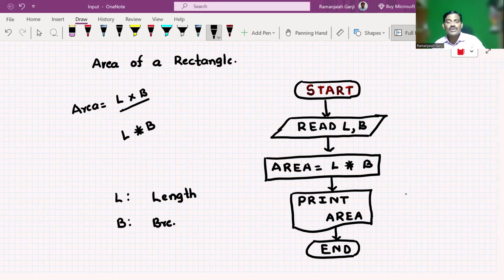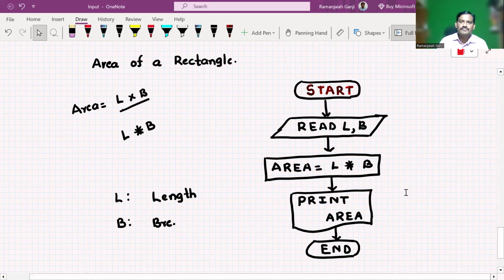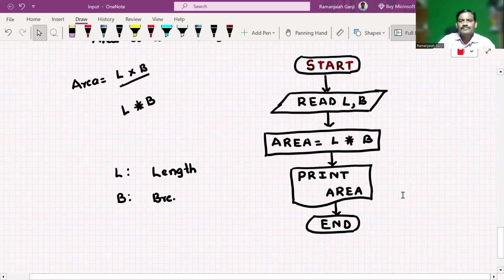No, there is no need to write anything for area. For example, you may utilize A instead of area, but people may not know what A means. That's why you may write A as area. Okay, this is a flowchart for finding the area of a rectangle. Got it? Right. Next one.